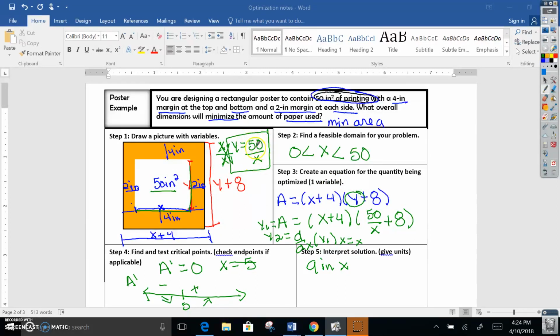I first have to find y. So I'm going to do 50 divided by x, which is 5. And that gives me 10, and then I'm going to add my 8. And so, of course, the overall length then becomes 18 inches. So the dimensions that will give me the least amount of paper usage would be 9-inch by 18-inch. And that's your poster example. Hope it made sense.